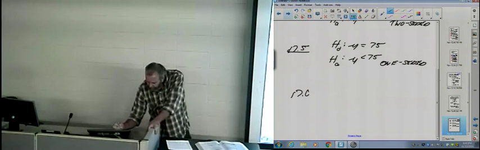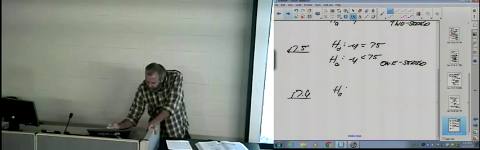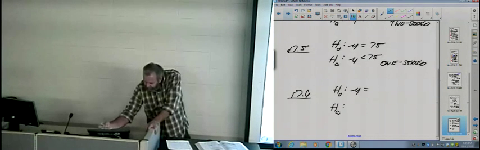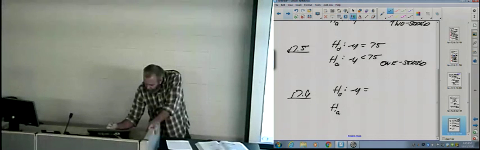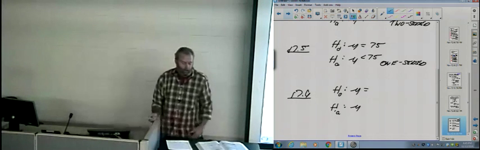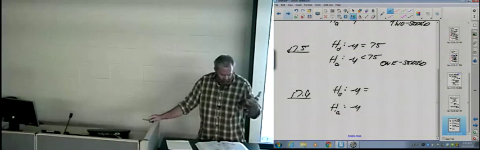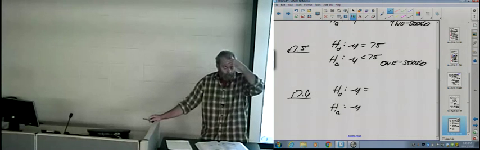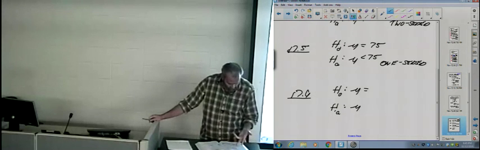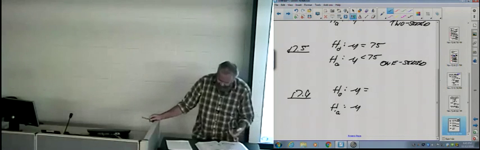17.6. The null, mu is equal to the alternative, mu. It says the average income of American women who work full-time and have only a high school degree is $33,230. That's your mu. So what do I want to know? I want to know if it's different from the national average.